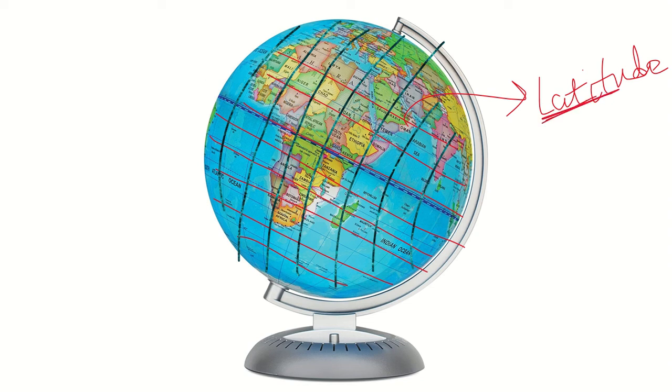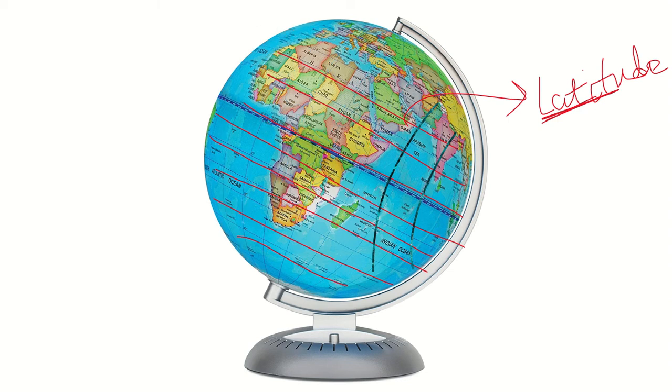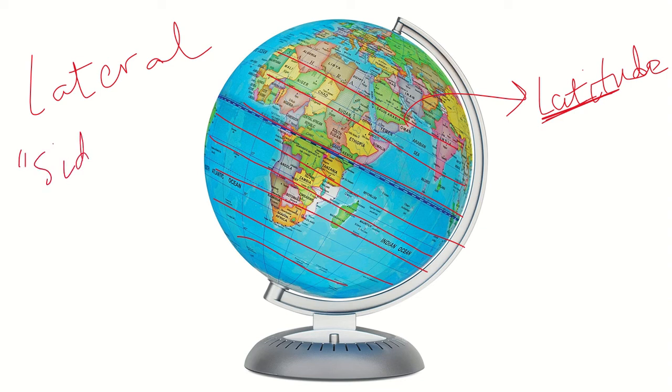and lateral, wherever you see that LAT kind of thing, it means things that go side to side. That's just going to give you a hint that lateral or latitude is a code word for sideways.